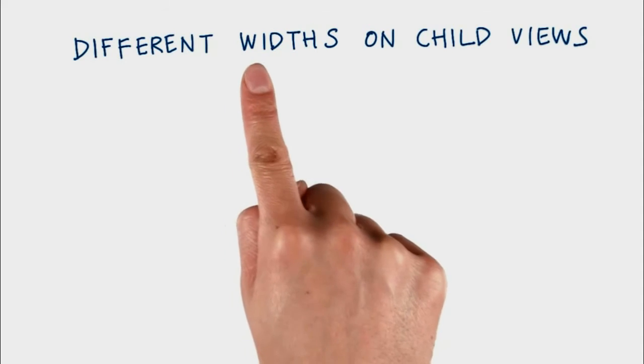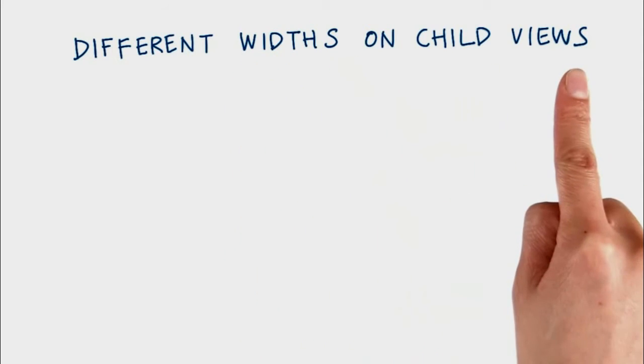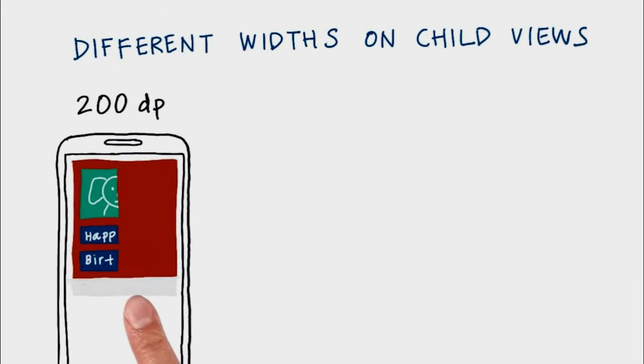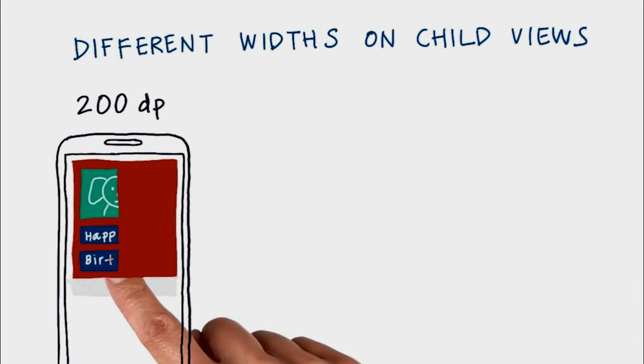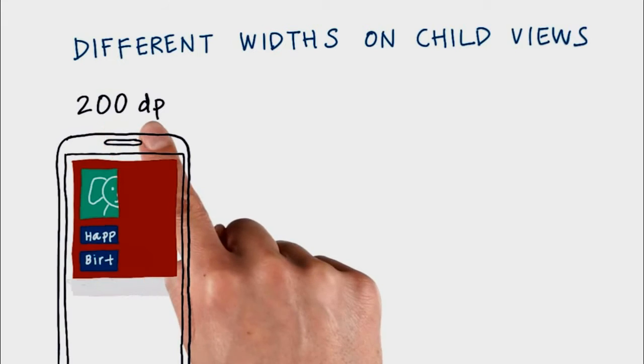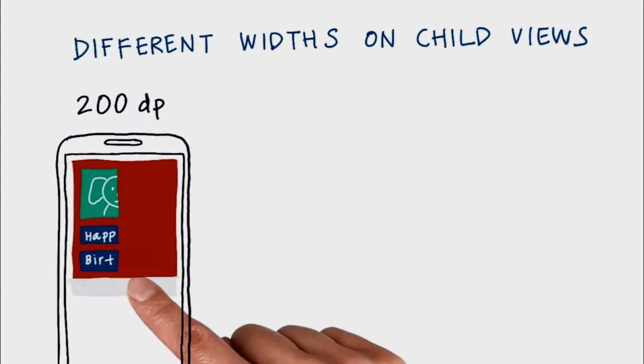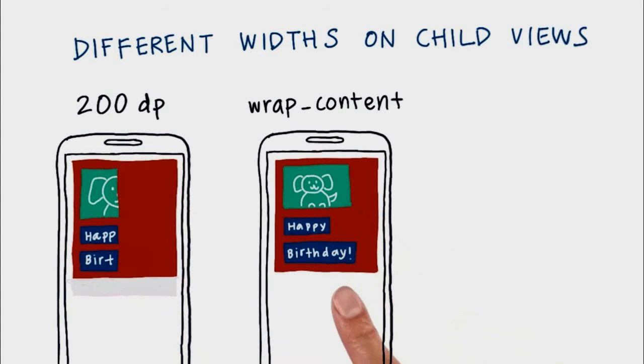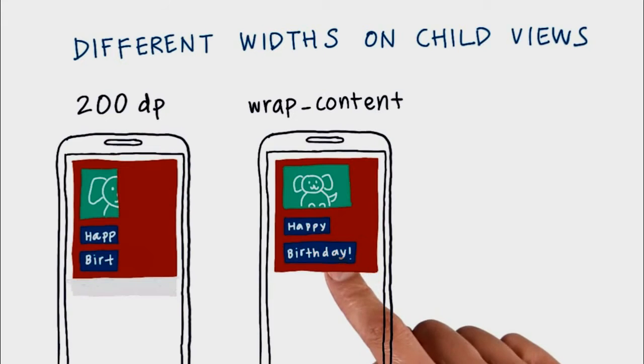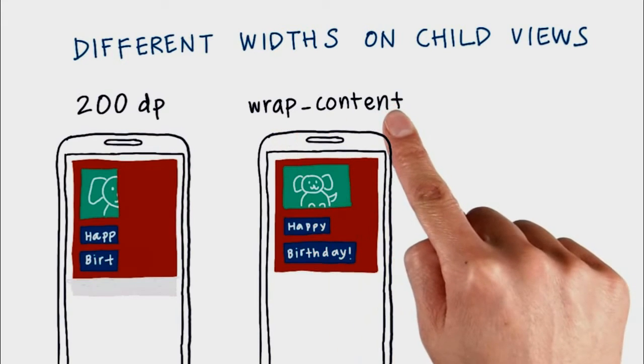Here are some examples of how setting different widths on the child views in a linear layout can affect the final user interface. In this example, we set each child view to have a fixed width of 200 dp. If the content inside each view is greater than 200 dp, then you run the risk of cutting some content off like this. In this example, we set each child view to have a width of wrap content.